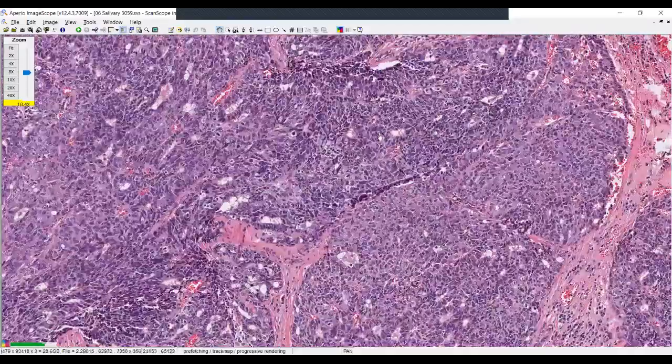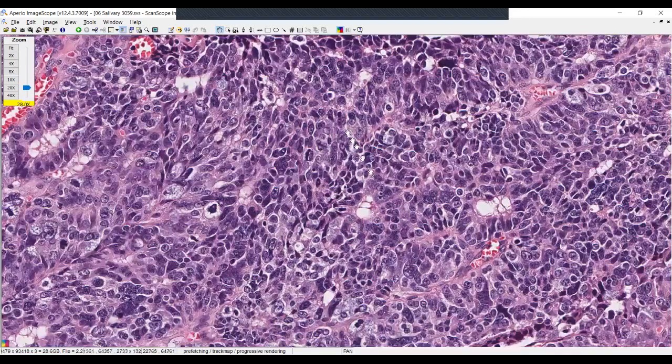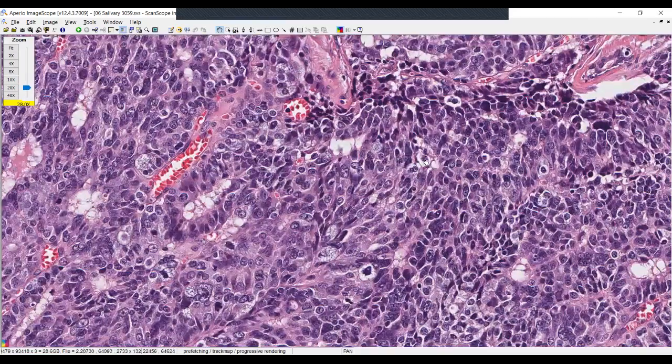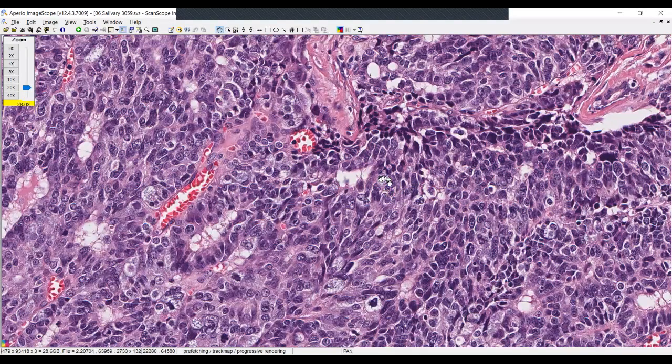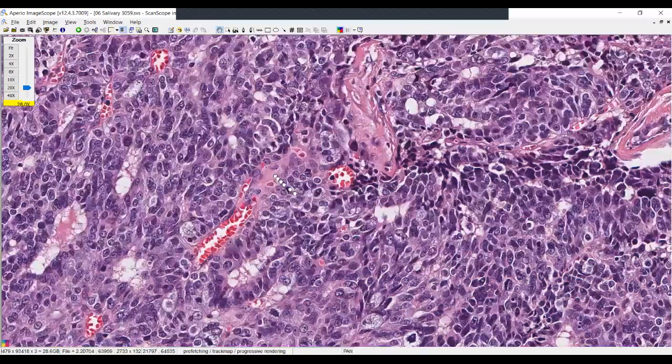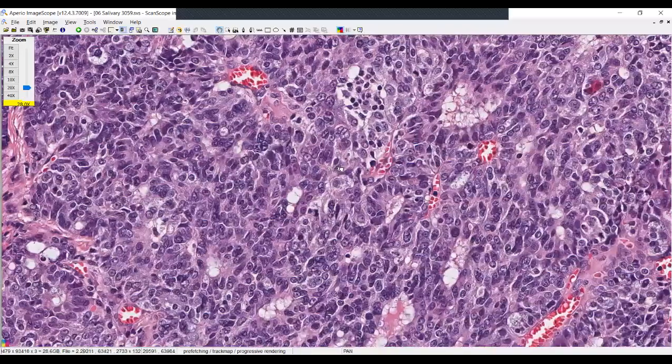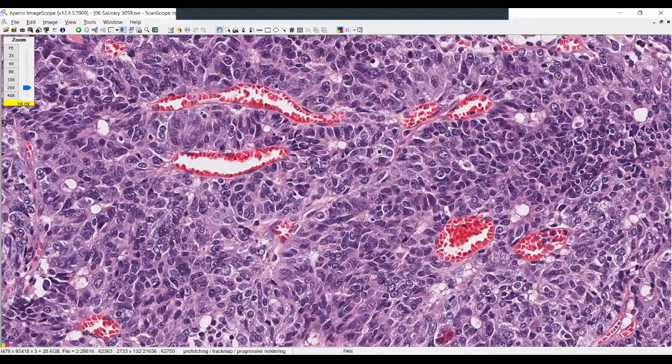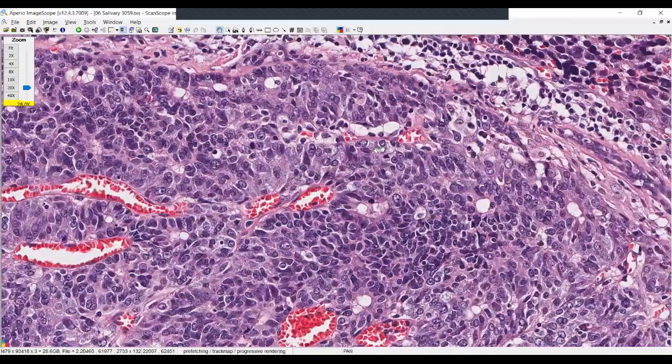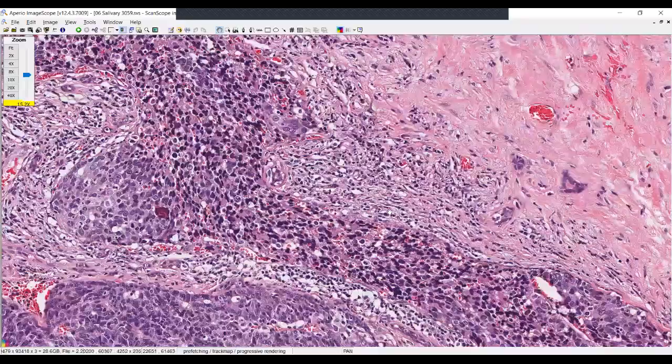Let's go over to a slightly different area and see what we can see. In this example, I think one of the features that is helpful in the diagnosis begins to be identified, and that is right here. You can see that there are blue granules present in the cytoplasm of these malignant cells. And in fact, this is a nice example of acinic differentiation.